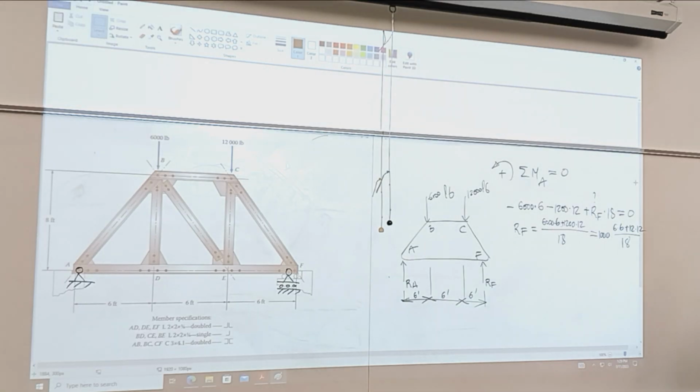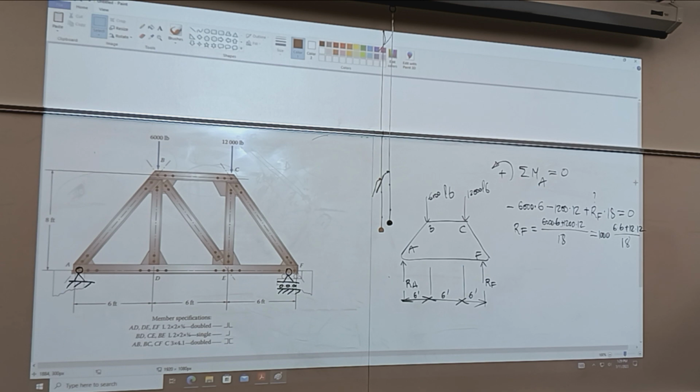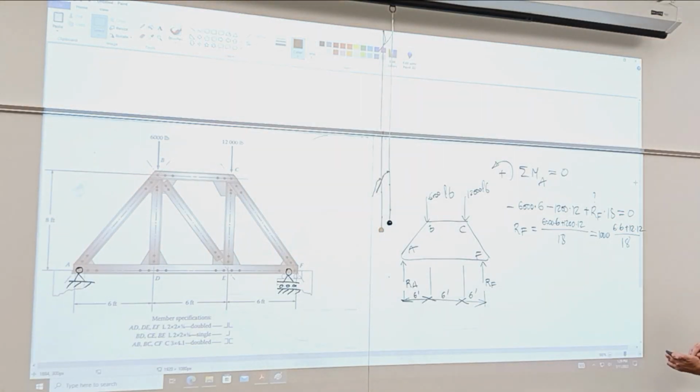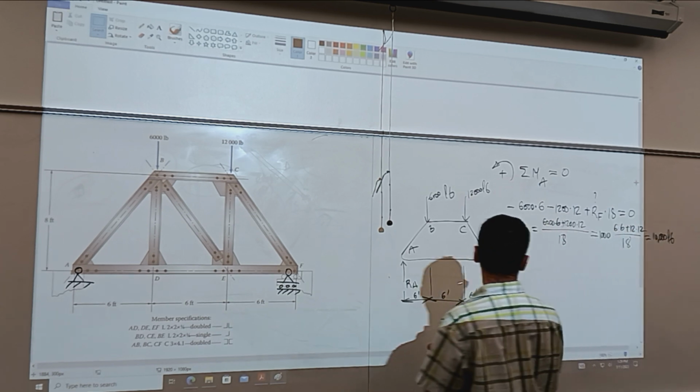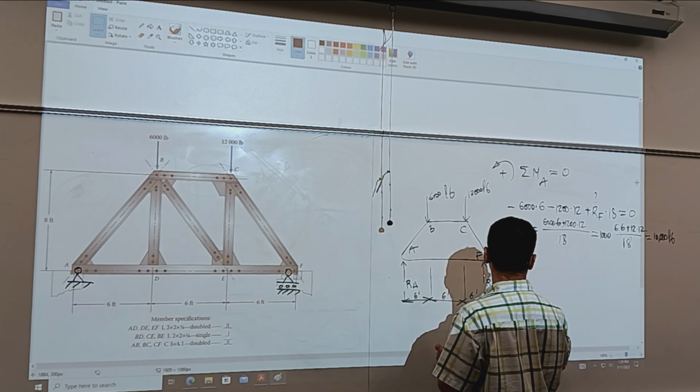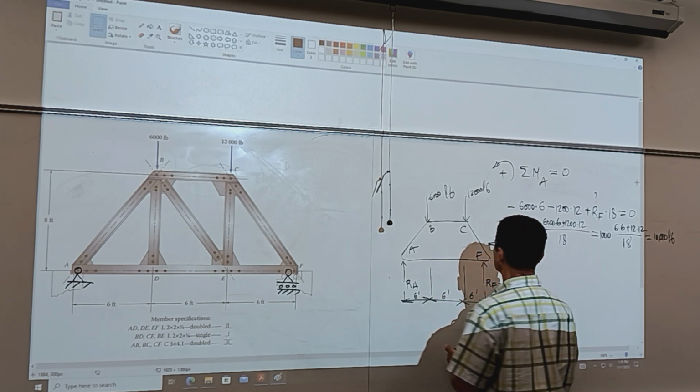So 36 plus 12 squared, 144 over 18. Wow, so nice. So this is 10,000 pounds, okay? And we can put it on the drawing. This was RF, 10,000 pounds.